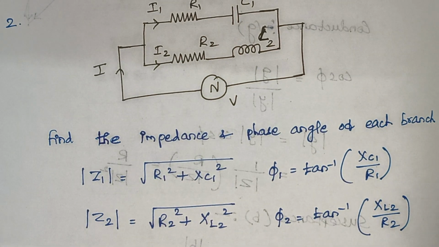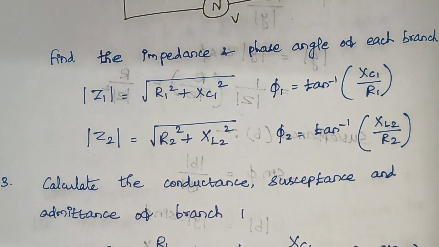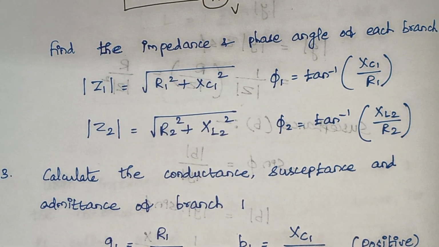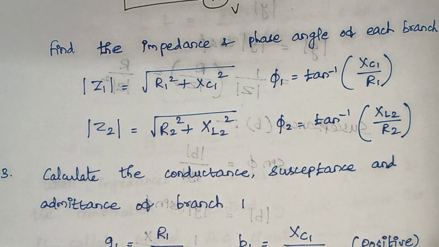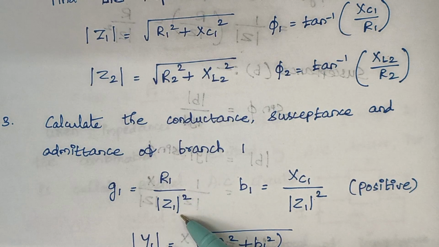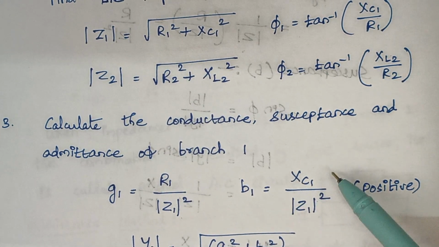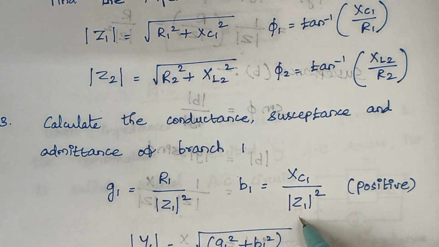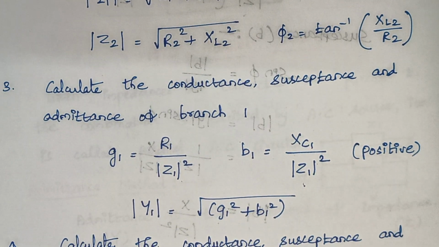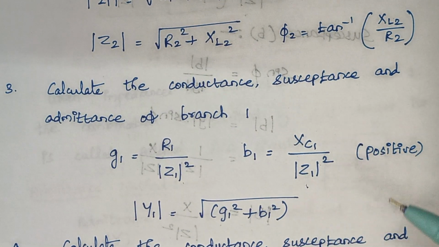And the next thing is we have to calculate the conductance, susceptance and admittance for both the branches. First we are doing for branch 1. So this is given by G1 is equal to R1 by Z1 square and B1 is XC1 by Z1 square, right? And Y1 is given by square root of G1 square plus B1 square.